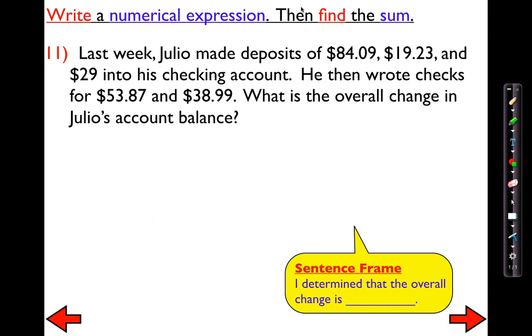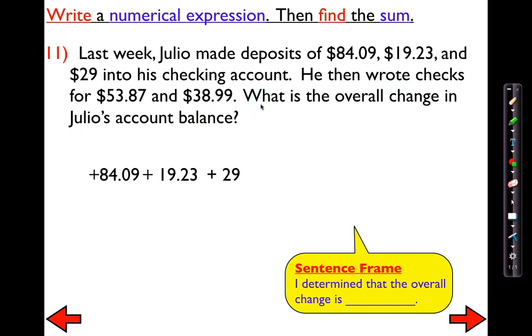So first, what we're going to start with was, hey, he made a deposit of $84.09. So let's start with that. That's definitely positive because it's a deposit. And he also made a $19.23 deposit, so we're going to add that as positive. He also made a $29 deposit, so that's going to be positive. But then he wrote some checks.